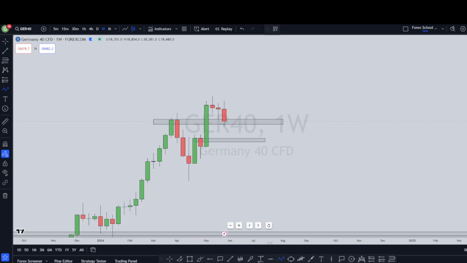In simple terms, this was an impulsive move followed by a current correction, because price is currently in a corrective phase.